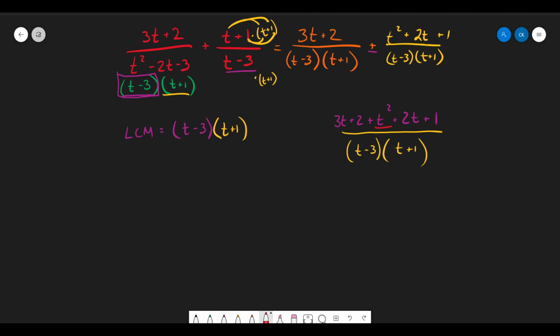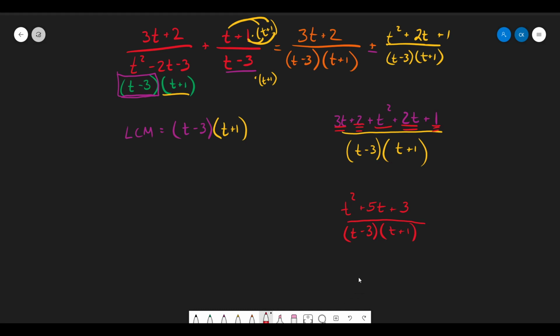I'm going to start with the t squared because it has the highest degree. But there's only a t squared, so that's going to go first, t squared. Then I see a 3t and a 2t. 3t plus 2t is 5t. Then I see a 2 and a 1. 2 plus 1 is 3. My denominator is going to stay t minus 3, t plus 1.